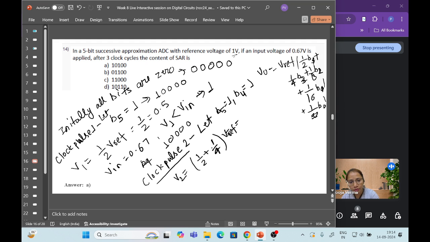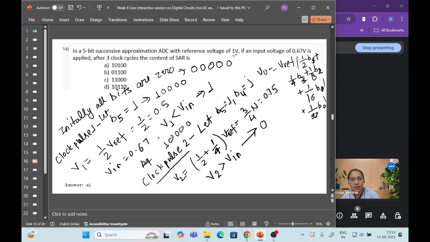We will get 3 by 4 into V reference. V reference is 1, so we will get 0.75. Now it is V2. So V2 is 0.75, but Vin is 0.67. So here V2 is greater than Vin, so that means that will produce 0.